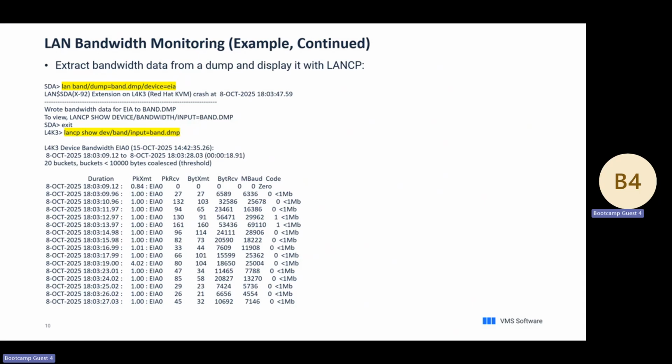Hey, Dick? Yep. Is this x86 only? It is right now. However, in a recent meeting, the idea was that we might take the LAN CP and LAN ACP changes and backport them to Alpha and Itanium. That would be really nice to do.